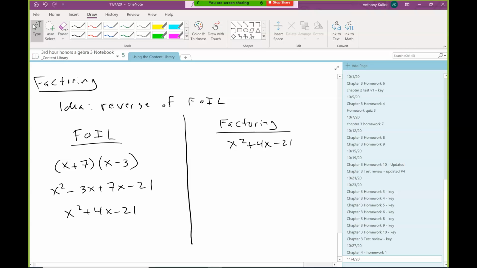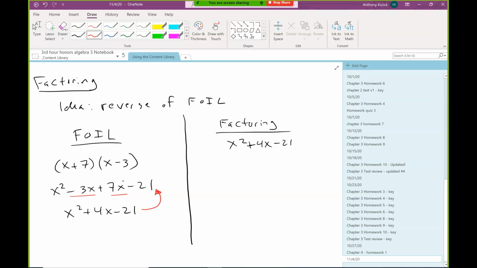So here, we're starting with x squared plus 4x minus 21. And we need to somehow justify how to know to break 4x up into negative 3x and positive 7x.